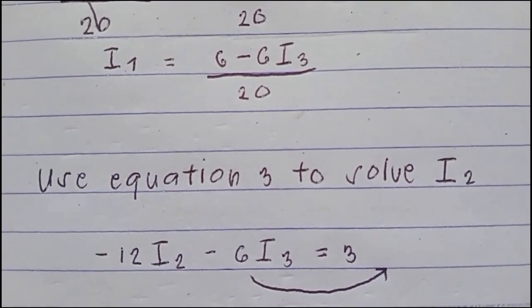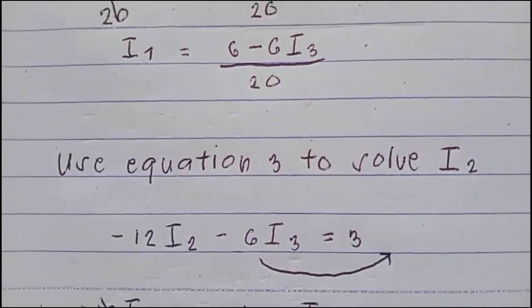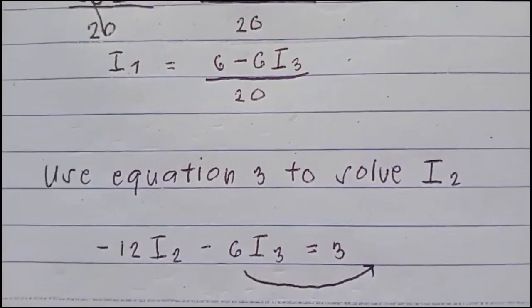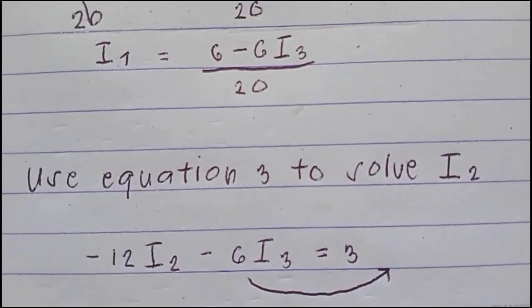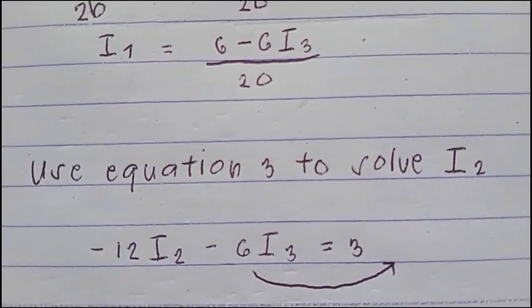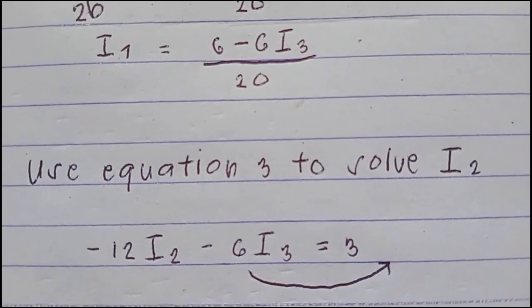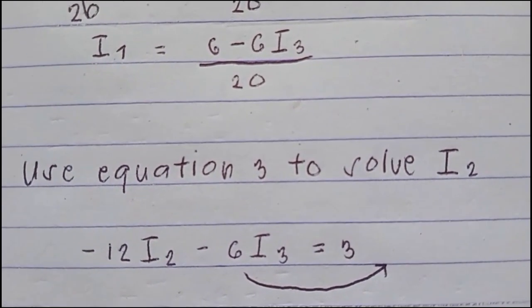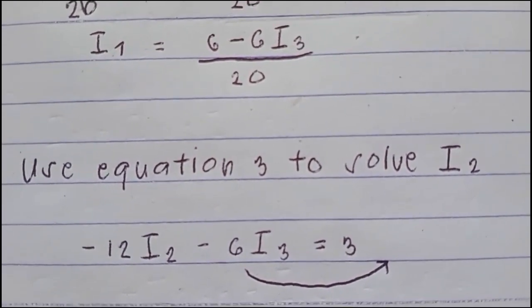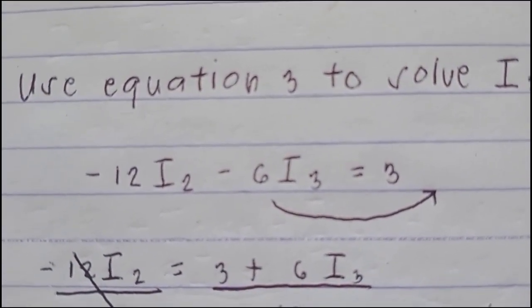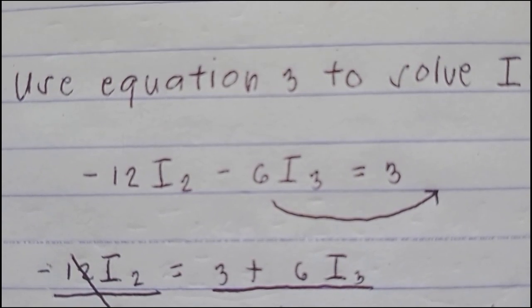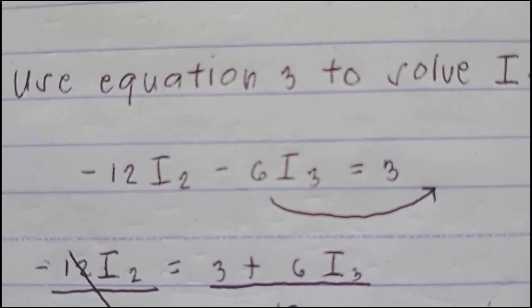What we're going to do here is the same as what we did in solving I1. So transpose negative 6I3 to the right side of the equation, so that negative 12I2 would be left alone on the left side of the equation. So it goes like this: negative 12I2 equals 3 plus 6I3.